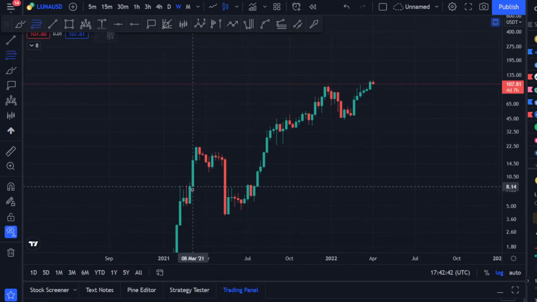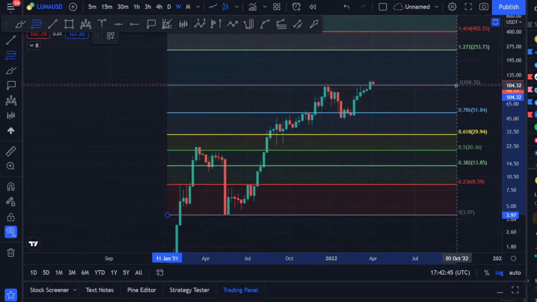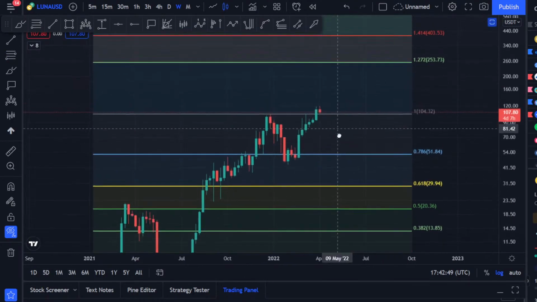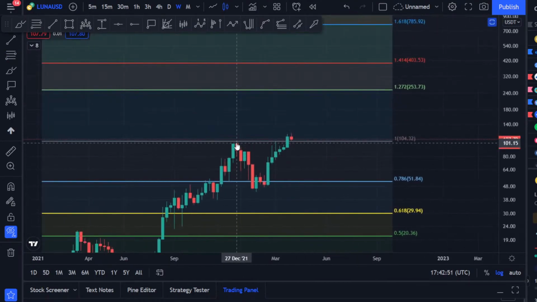Was the high? Okay, you can see it is just holding strong at this candle over here, its previous high. You can see it fell down at the 0.618 level, and then it rallied towards the upside.